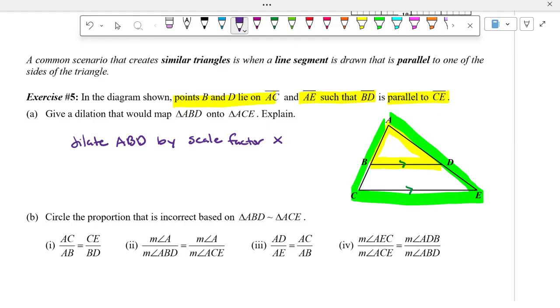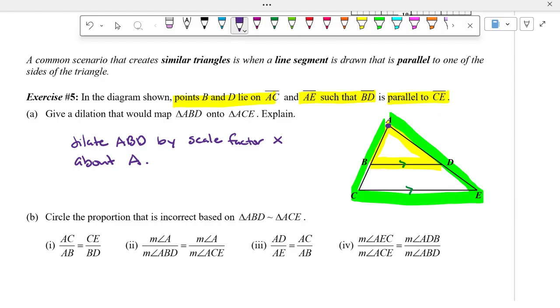Let's call that X. About, what is the only point on both triangles that they share? A. So that would actually be the point of dilation because they're connected. All right. So since they share point A, that's going to be the point that they dilate about. So like we're used to dilations being about the origin, this will be about point A.